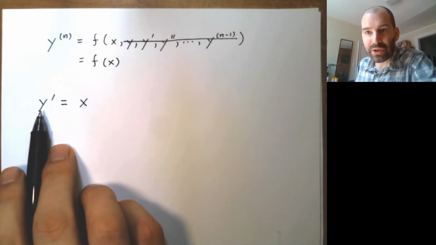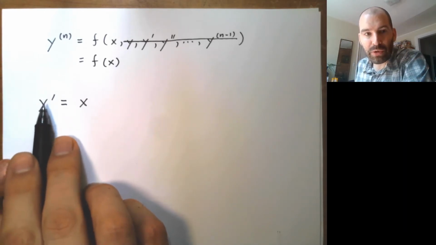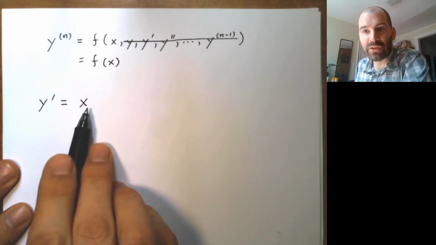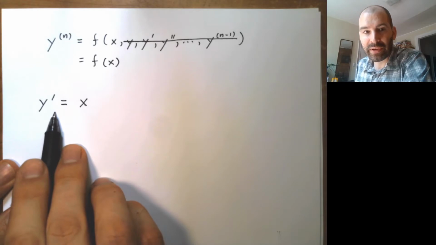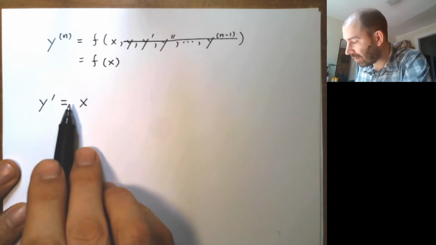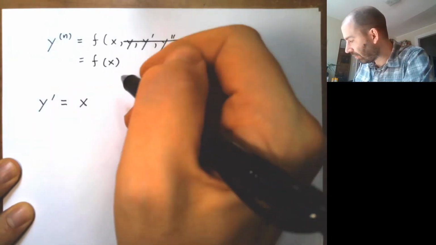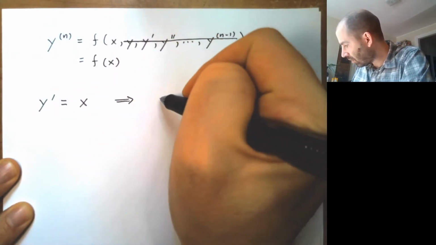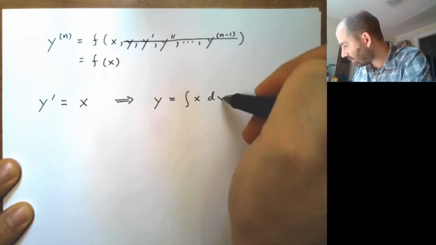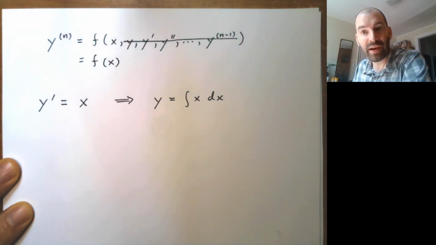In calculus, we know that if we know the derivative of something, we learned how to find that something by computing an antiderivative. So if y prime is equal to x, we know that y is an antiderivative of x, and that amounts to taking an integral.